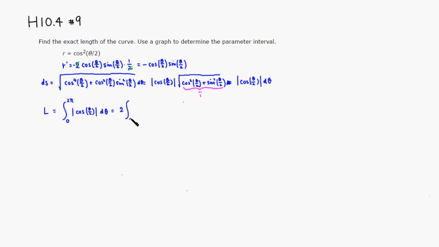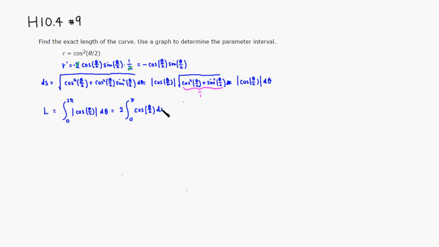Then I'm going to go from 0 to the halfway point. Since if theta is between 0 and pi, cosine of theta over 2 is always non-negative, we can actually take out the absolute value sign.